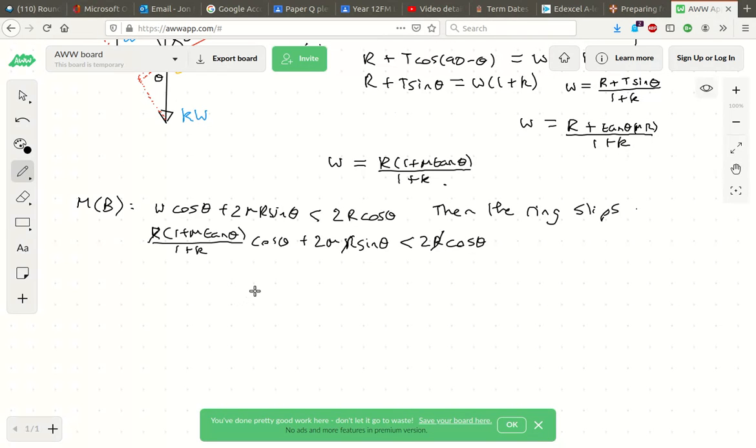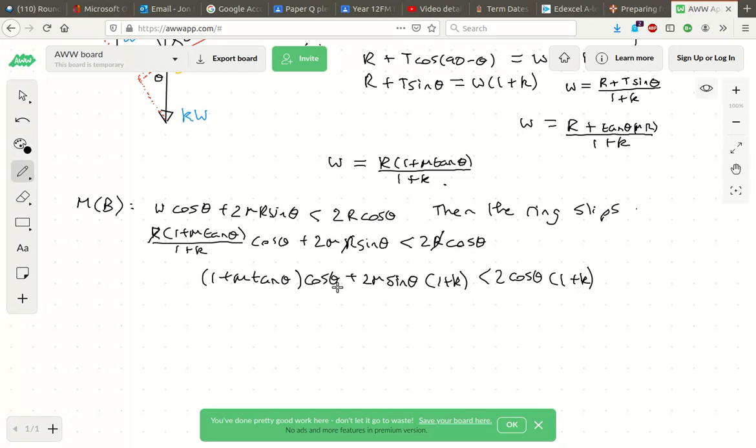And that's good. And let's also rearrange this into what we're looking for. I'm going to multiply everything by 1 plus k. I can do that as k is strictly positive, so I haven't got to worry about the inequality. (1 plus mu tan theta) cos theta plus 2 mu sine theta, times (1 plus k), is less than 2 cos theta times (1 plus k).